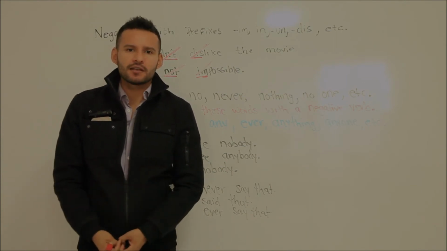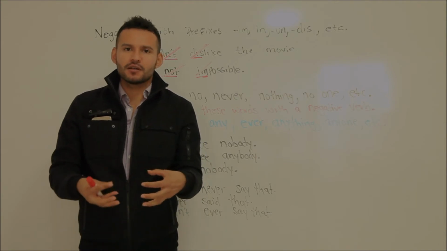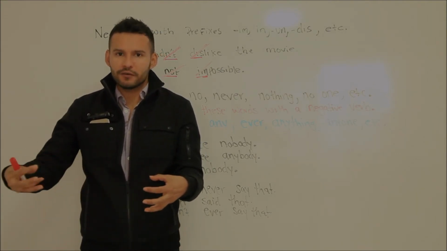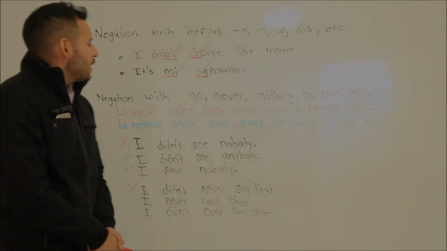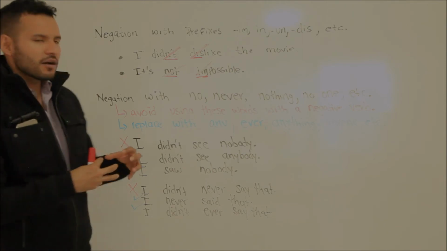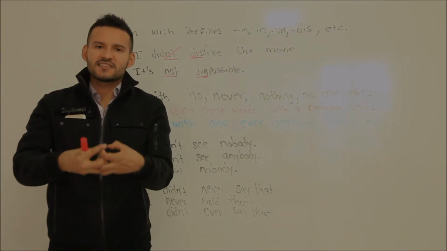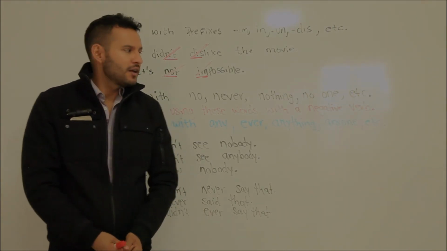So basically you're saying that something is possible. Maybe the situation that you're talking about will be difficult, but not impossible. So basically, again, you have to be careful when you see this kind of combination, and you have to realize that the sentence is not negative.